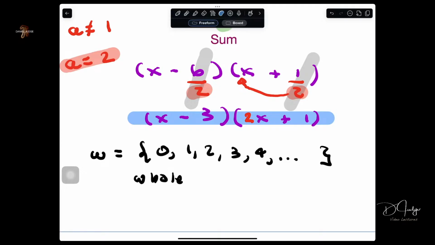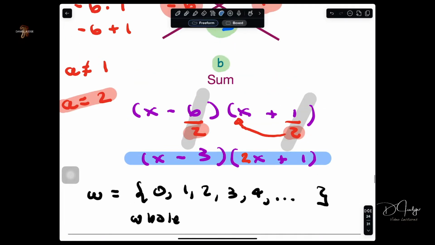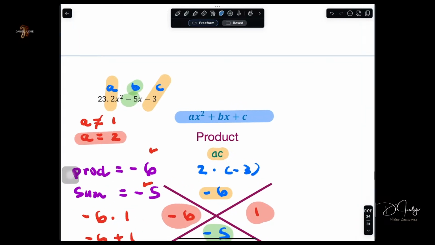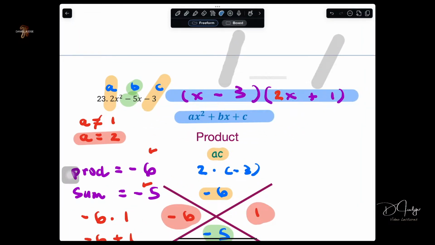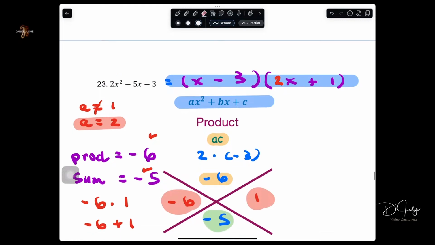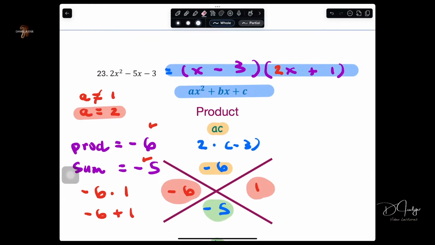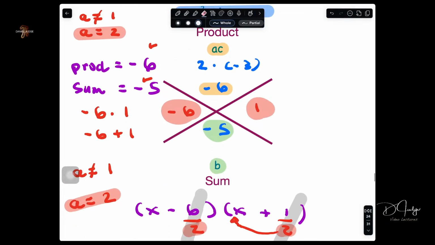This is your answer. There you go. This is a review of the crisscross method.